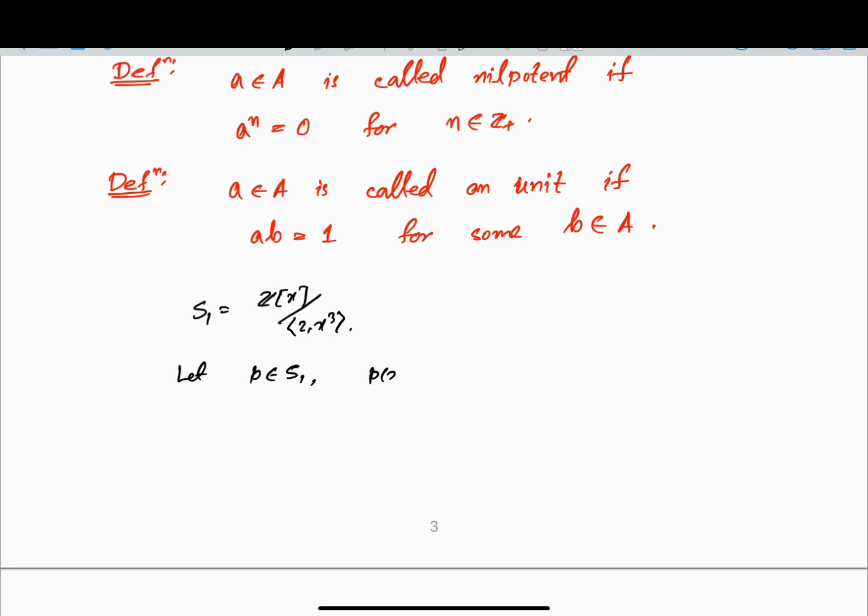Then p(x) you can write as a naught plus x times g(x). This is the coset, and any element in S1 will look like this. What will be this a naught? Note that a naught will be 0 or 1, because 2 is here a 0 element, mod 2 basically, right? So a naught is either 0 or 1.